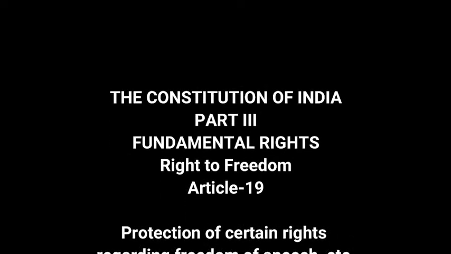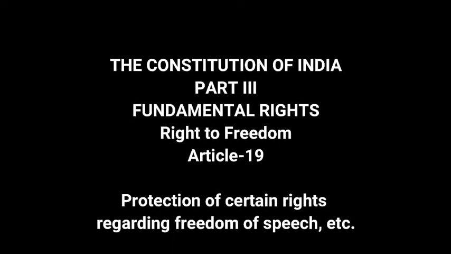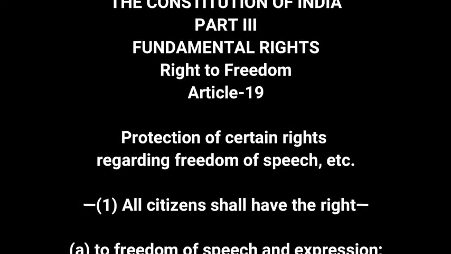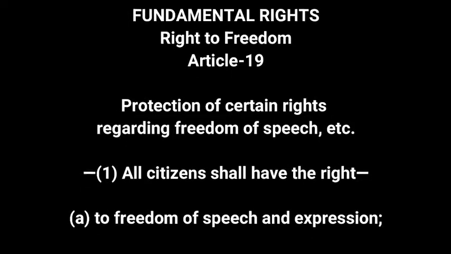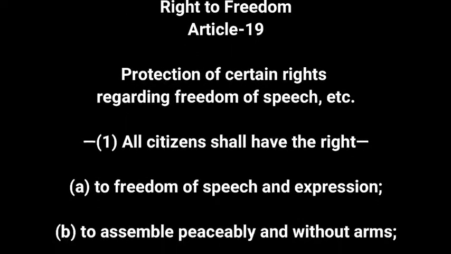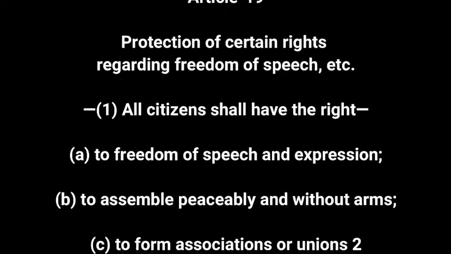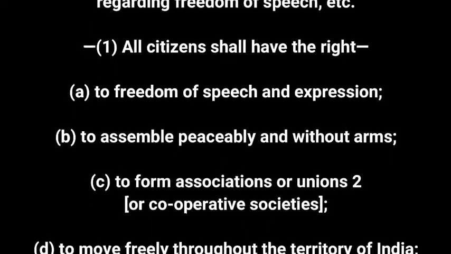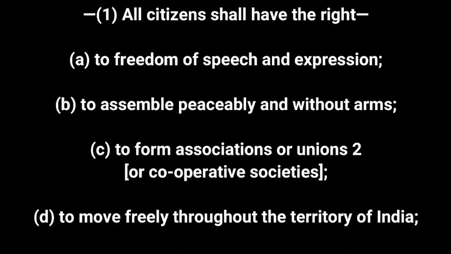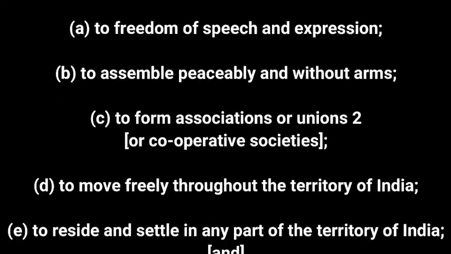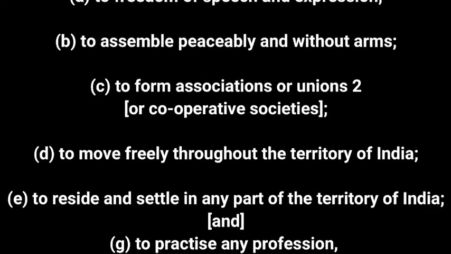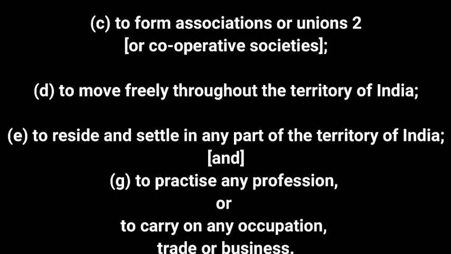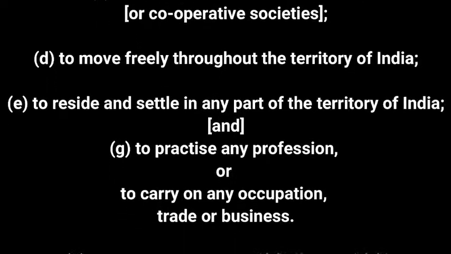Protection of certain rights regarding freedom of speech, etc. All citizens shall have the right a. to freedom of speech and expression, b. to assemble peaceably and without arms, c. to form associations or unions or cooperative societies, d. to move freely throughout the territory of India, e. to reside and settle in any part of the territory of India, and g. to practice any profession, or to carry on any occupation, trade or business.